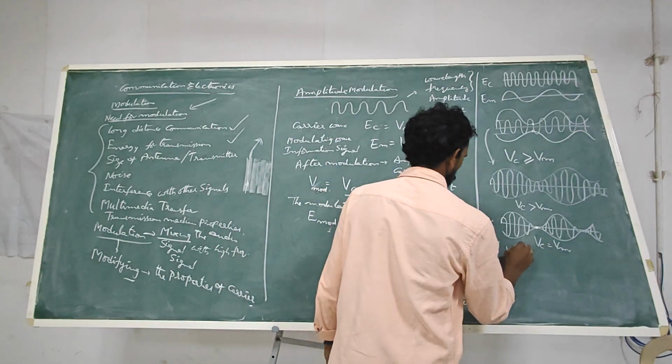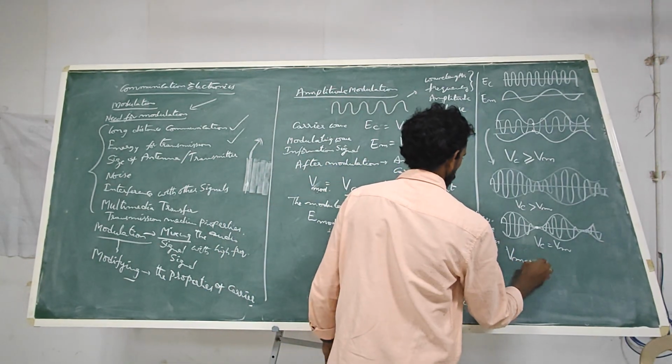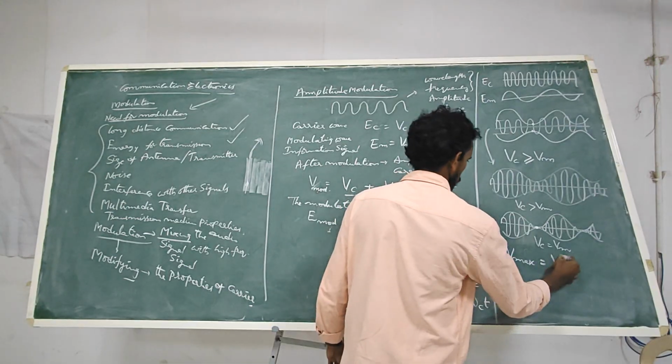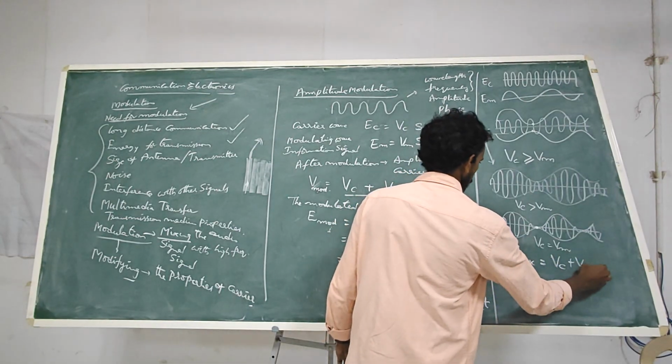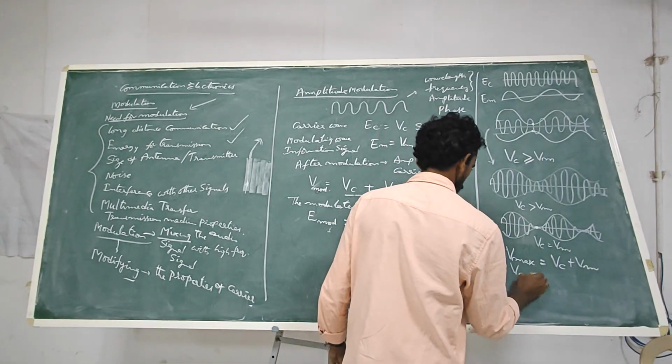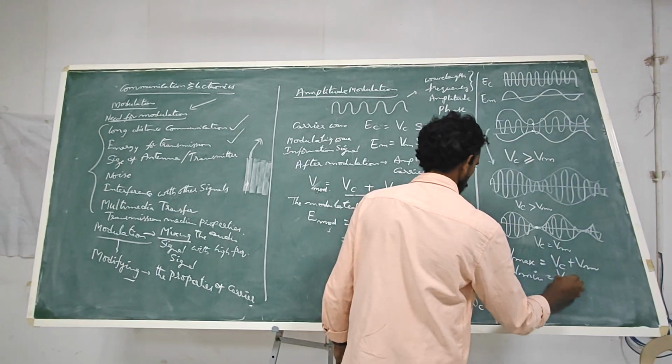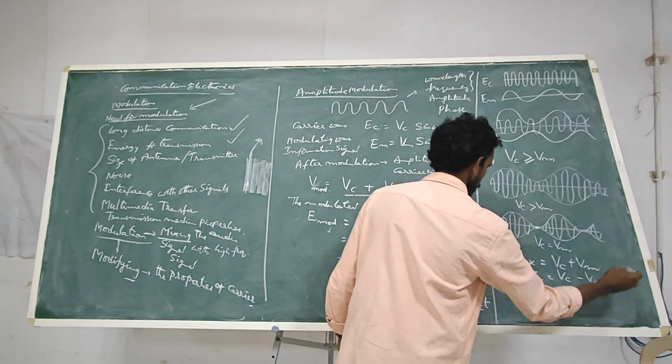So here Vmax is equal to Vc plus Vm. Vmin is equal to Vc minus Vm.